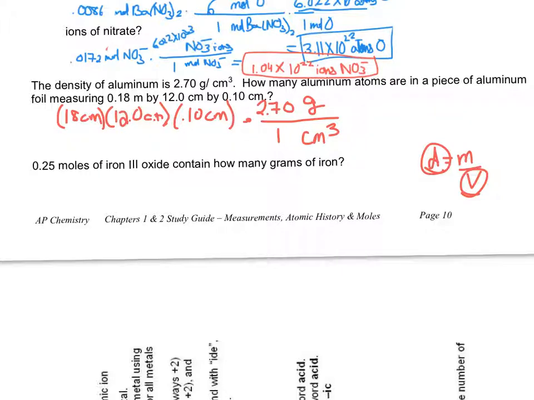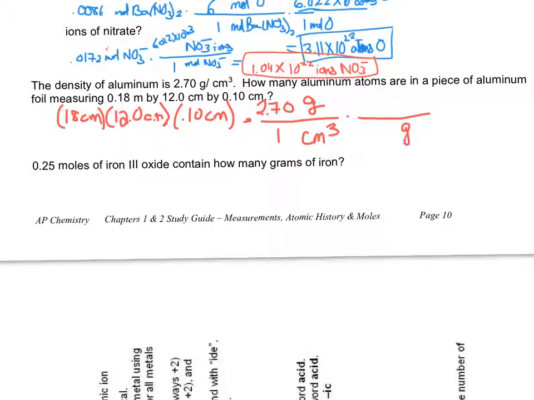Again, if this bothers you, you can just plug it into the density equation and get what the mass is. But this way I get the mass and I can just keep moving on. I don't like to use my calculator as much. I like to just keep it till the end. So at this point I have grams because the centimeter cubed cancels.